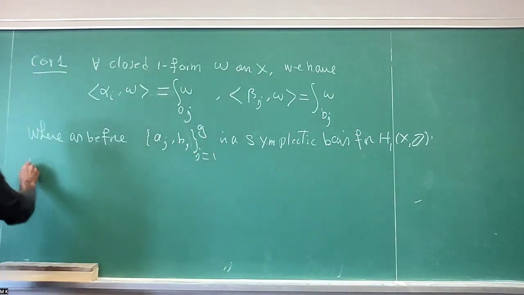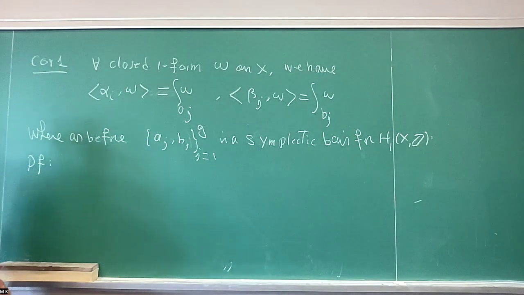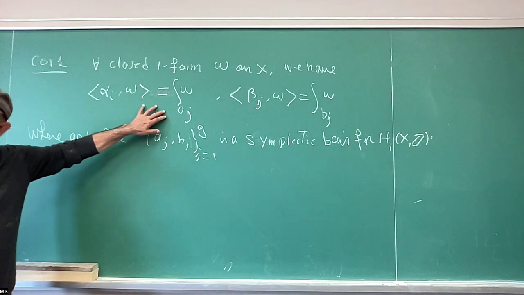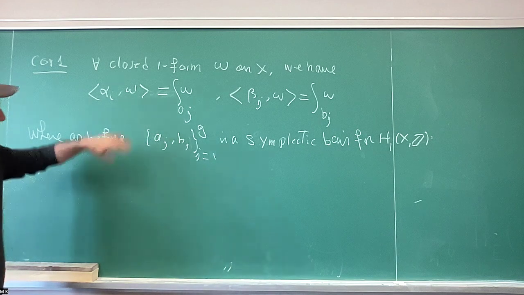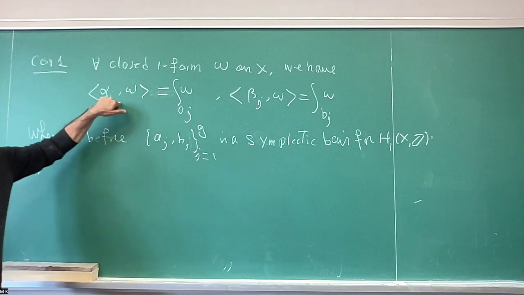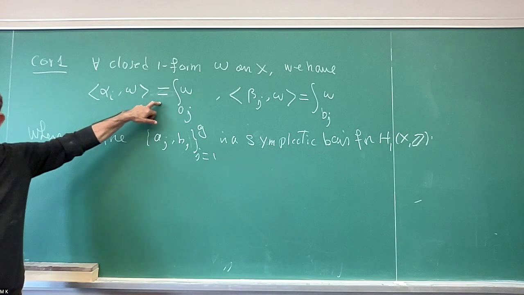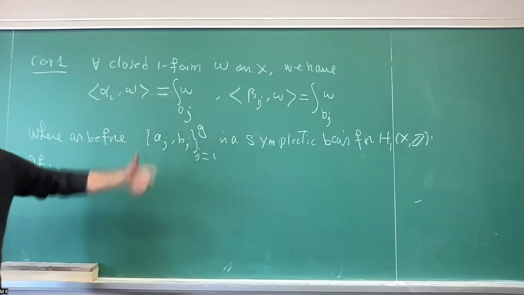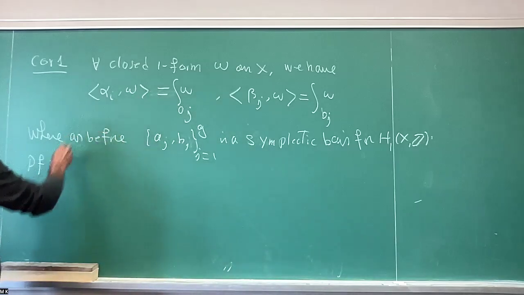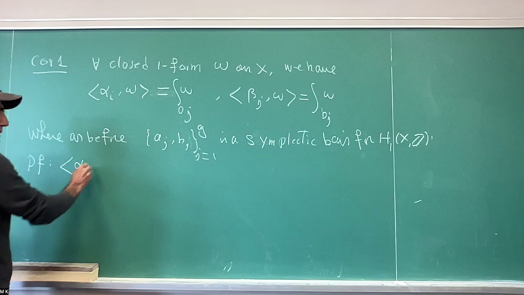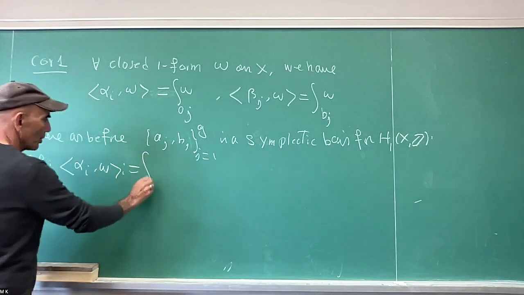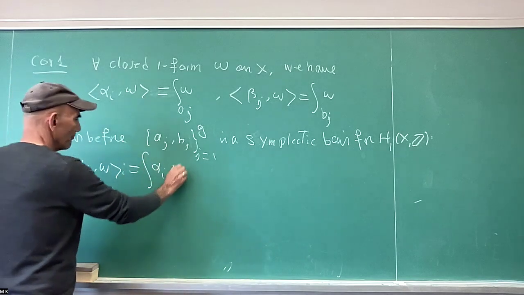Now, proof. If you write the definition of both sides, you notice that this is quite a strange, non-obvious fact, because this one is a double integral and this one is a line integral. So we are reducing a double integral to a line integral. Remember, the pairing of alpha_i and omega, by definition, is nothing but the integral of alpha_i wedge omega, right?